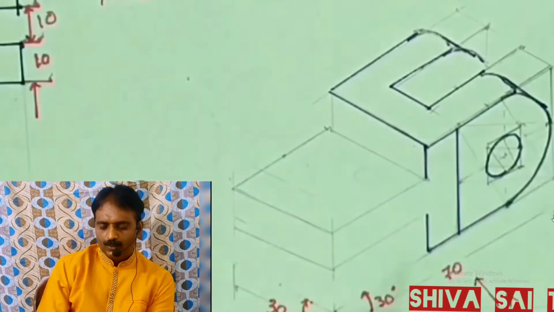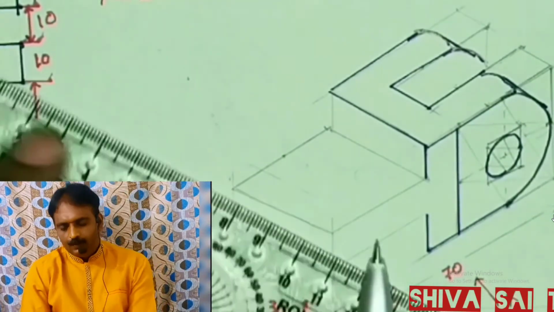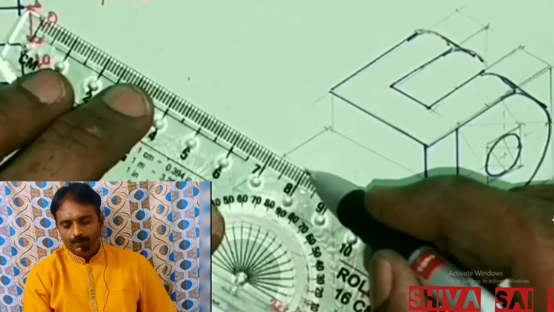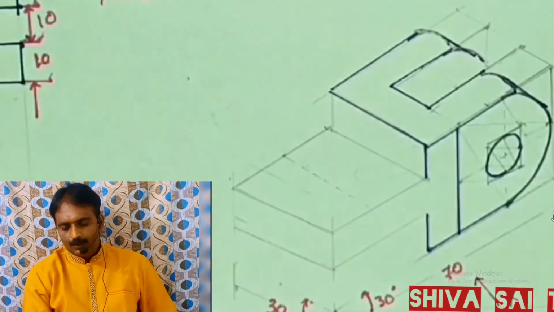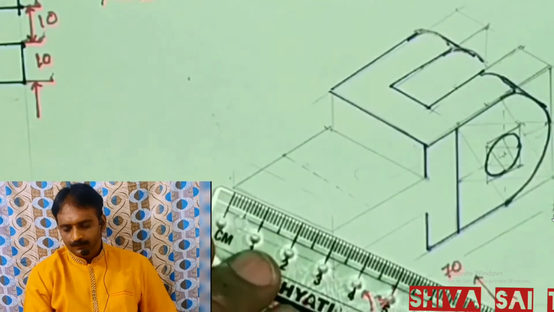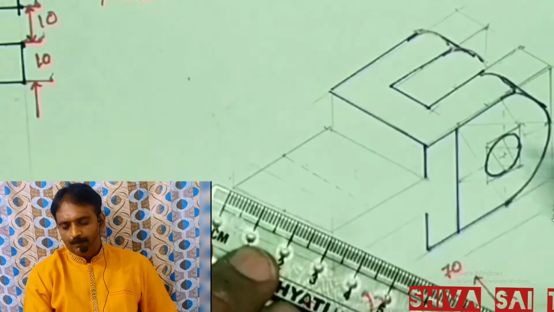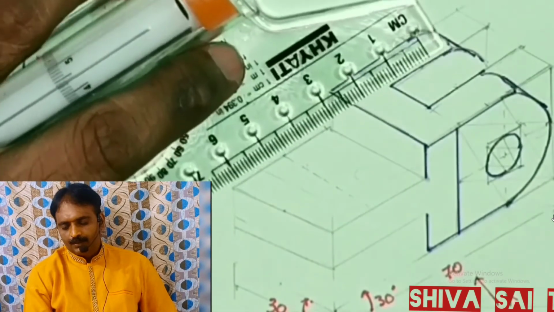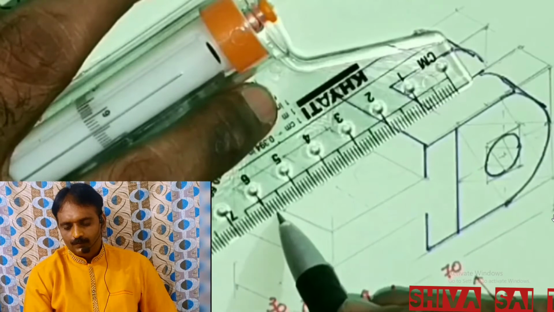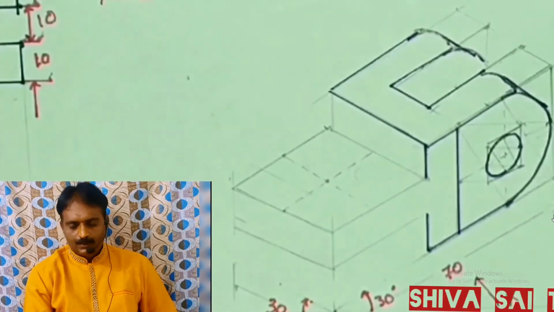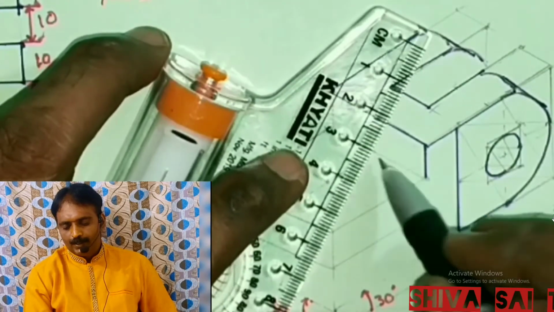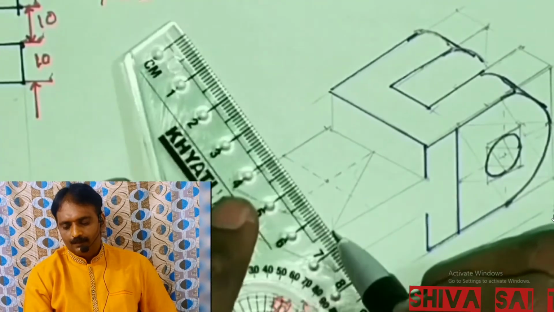Now let us come to the circular hole and semicircle which are to be drawn in the front view. Here also we have got front and back portions, I mean front layer and back layer. First let us do it for the front one. Locate the center and join the midpoints from the corners of the shortest diagonal.